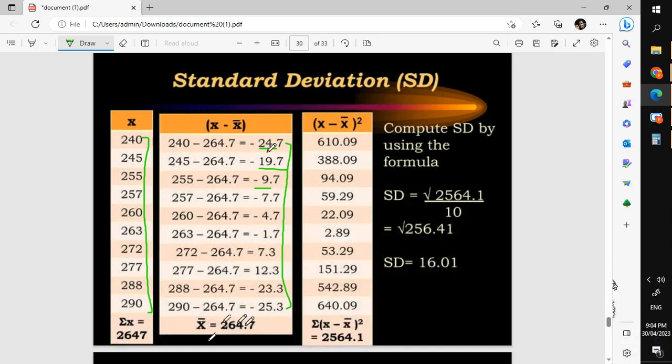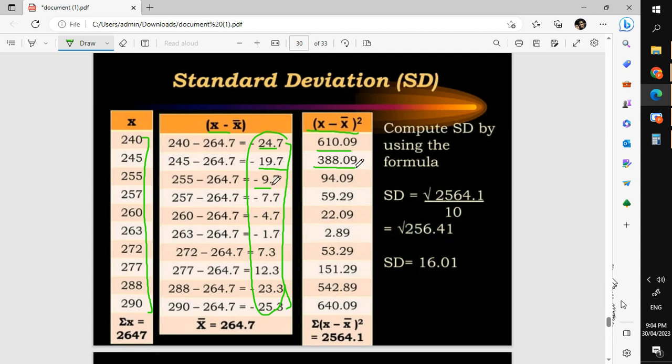264.7. After that, the values here on the second table will be multiplied to itself, no? As you can see, kani siya ato lang gi square. So kaduhaon kibali nimo kani siya. So negative 24.7 times negative 24.7, that's 610.09. Next na pod, negative 19.7 times negative 19.7, that's 388.09.